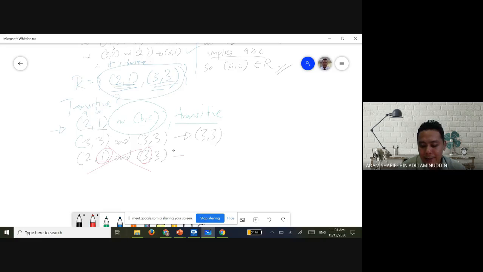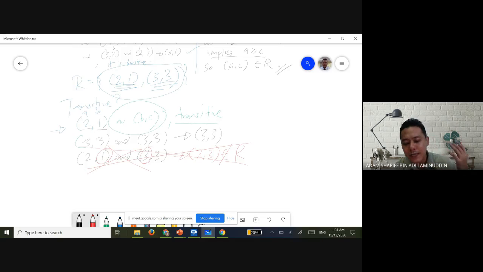Kamu tak boleh kata 2-3 tak ada, tak boleh. Sebab for AB, you must find BC yang mana B tu adalah sama. Kalau tak sama, itu bukan B lah. Itu merupakan elemen yang lain, bukannya B.